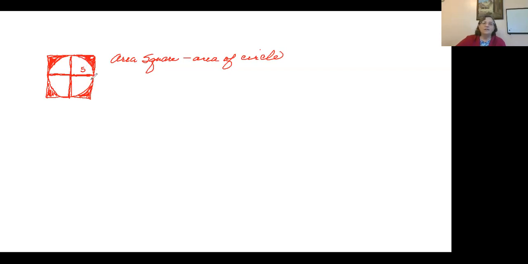So one way we could get the area of this square, and there's lots of different ways to do it. One thing would be to say that the area of this smaller square here is going to be 5 times 5, so 25. There's 4 of those. So one of many ways to do it would be to say that it was 4 times 5 times 5, 4 squares that were of area 5 times 5.